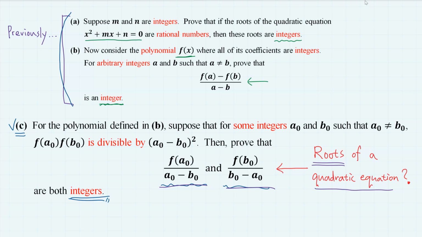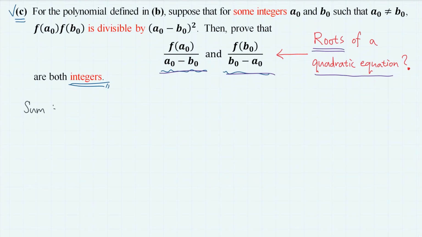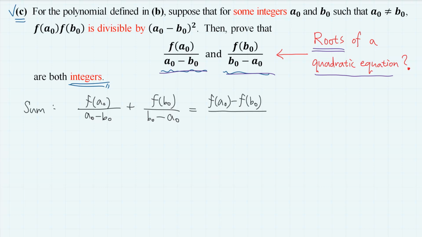In order to construct a quadratic equation, we have to use the relation between roots and coefficients. First, we need the sum of two roots, which is f(a0) divided by a0 minus b0 plus f(b0) divided by b0 minus a0, which gives f(a0) minus f(b0) divided by a0 minus b0.